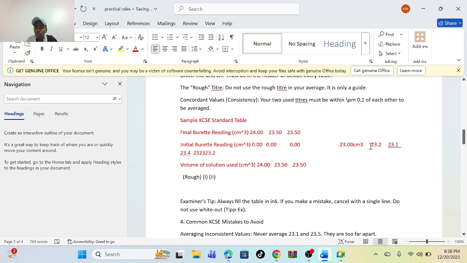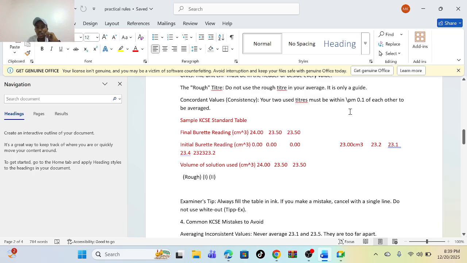So I have 23.1, 23.2 and 23.4. What will I use? 23.4 is more than 0.1 away. So I will use 23.2 plus 23.1 divided by 2. I cannot use the one that is more than 0.1 away.